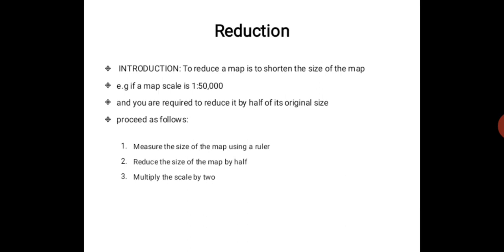So what we must do at this point is that you measure the size of the map using a ruler, as I've told you, reduce the size of the map by half, multiply the scale by the number of times you are asked to reduce the map.